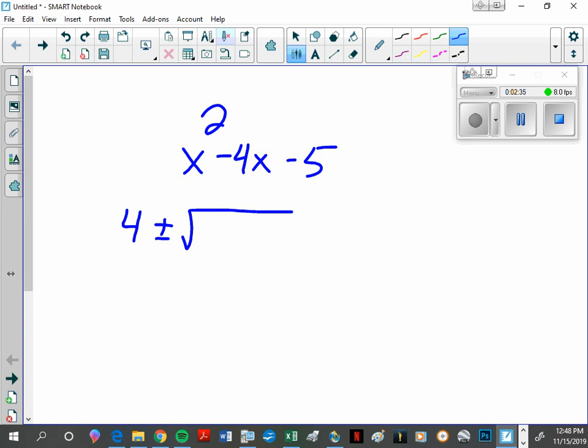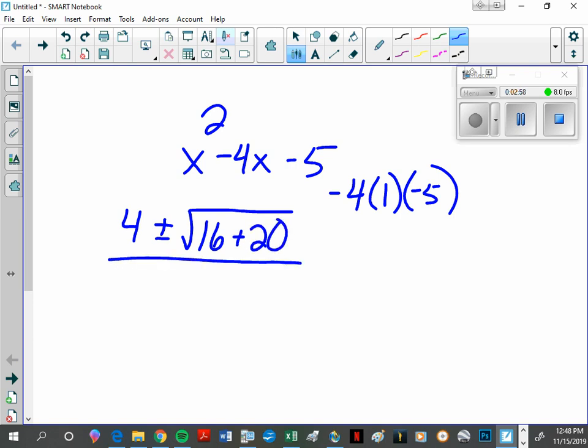Just know that negative 4 times negative 4 is 16. So a lot of people mistakenly put negative 16. Just don't worry about the negative right there. Write down 16. And then negative 4 times a, which is 1, times c, which is negative 5, is plus 20. Over 2 times 1 is 2.